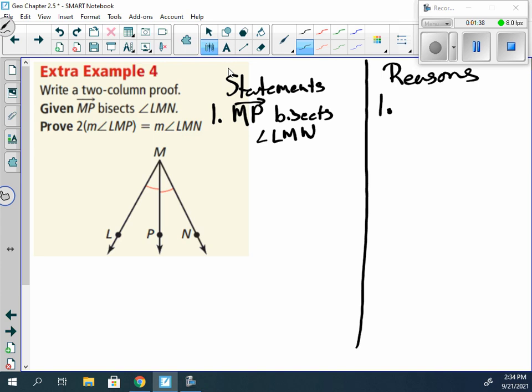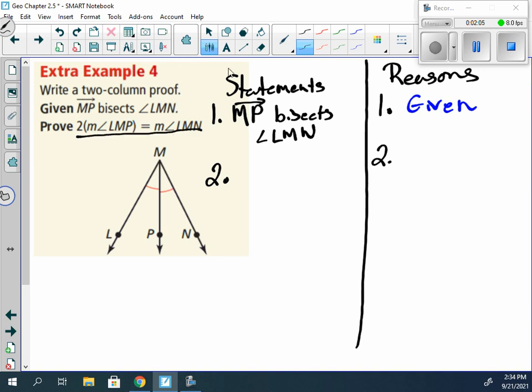I'm going to just try to fit it in. Now, reason number 1, why do we know that this is true? It was given to us because we're always going to start with the given information. Okay, well that takes us to point number 2. Now, what are we trying to prove?